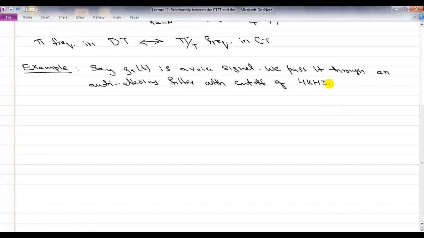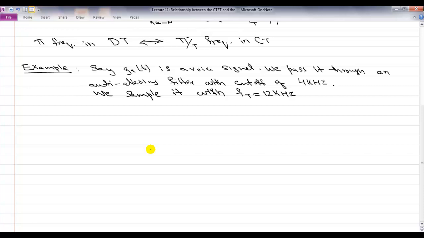And after we pass it through the anti-aliasing filter, we are told we sample it with sampling frequency F_T equal to 12 kilohertz.